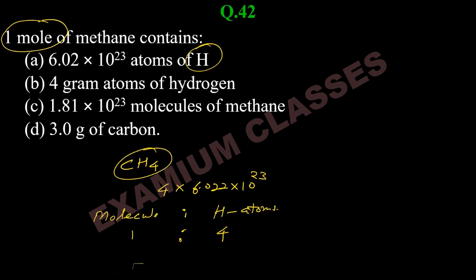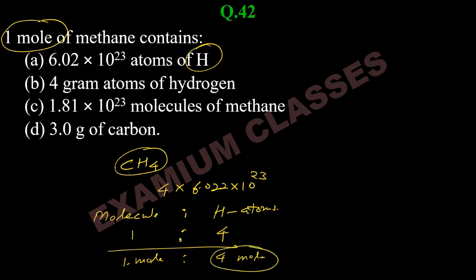So A is not correct. Then for 1 mole of methane, whatever is the ratio of particles will be the ratio of moles, because you just divide by Na. So 1 mole of CH4 methane will have 4 moles of hydrogen atoms, and gram atoms means moles. It means B is correct.